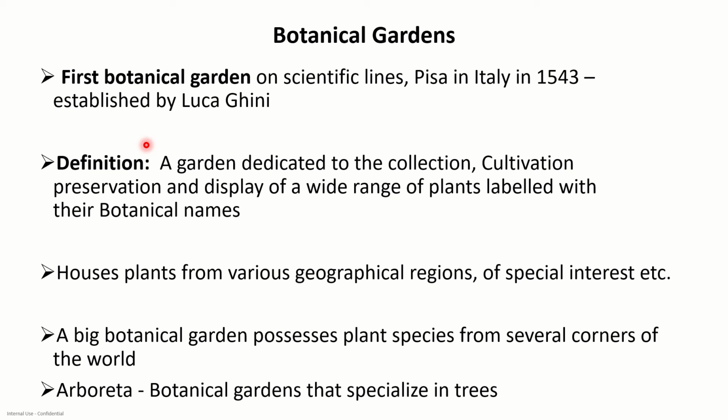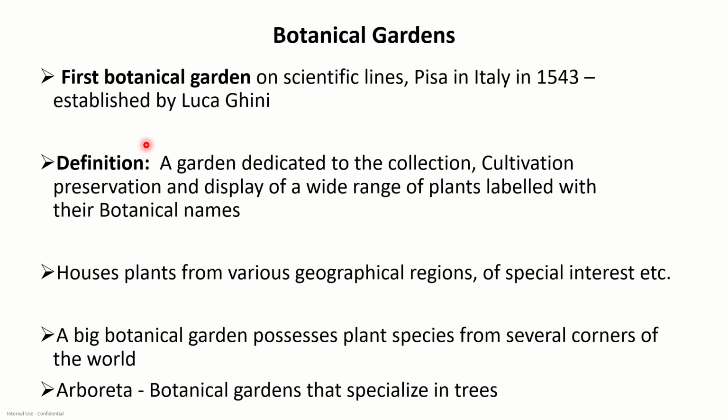So, it can precisely be said that it's a collection or a preservation hub of plant species from where we can learn something. Now, what are we going to learn? This is the topic of our discussion.